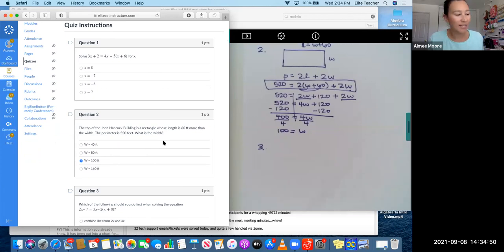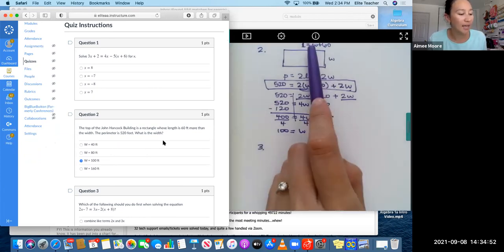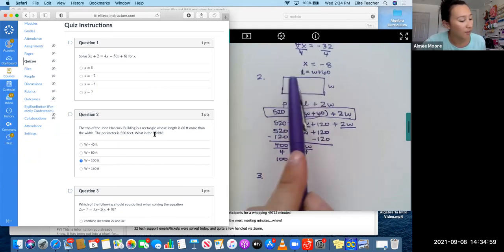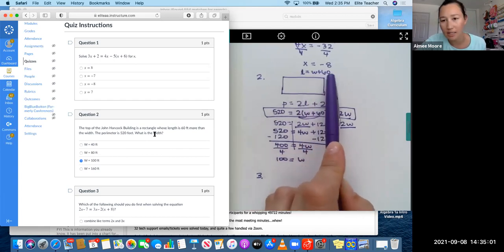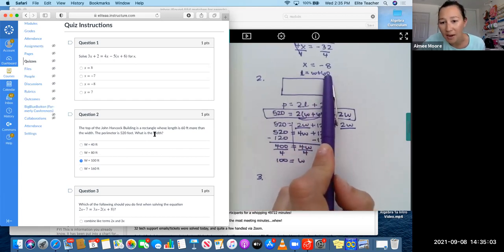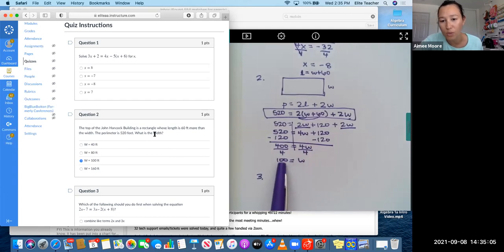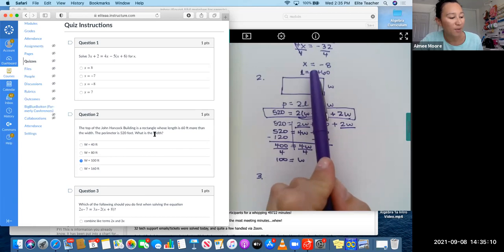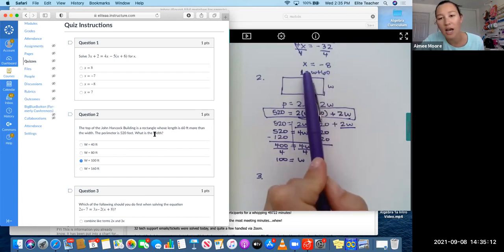So that's how it mixes up the questions. So if yours is asking for the length, mine was asking for the width. If yours is asking for the length, we know the length is equal to the width plus 60. So I guess you had to do one more step then. Once you solved for the width, which was 100, you had to plug it in to find the length. So yeah, then that would be 100 plus 60, which is 160.